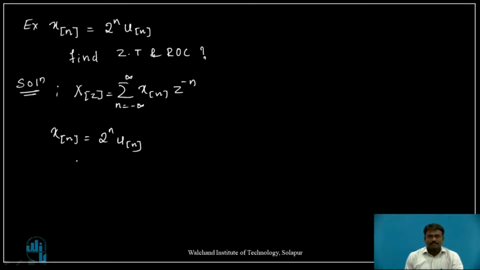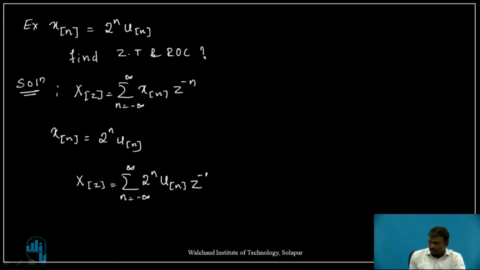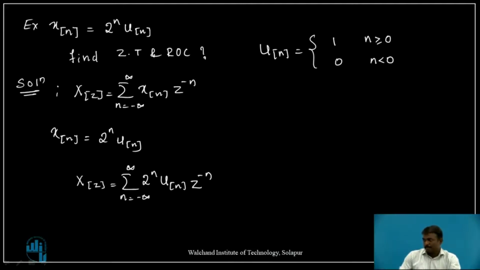By substituting x of n is equal to 2 to the power n u of n in the above expression, x of z can be written as summation n equal to minus infinity to plus infinity 2 to the power n u of n into z to the power minus n, where u of n is a unit step signal and it is defined as u of n is equal to 1 for n greater than or equal to 0 and u of n equal to 0 for n less than 0.